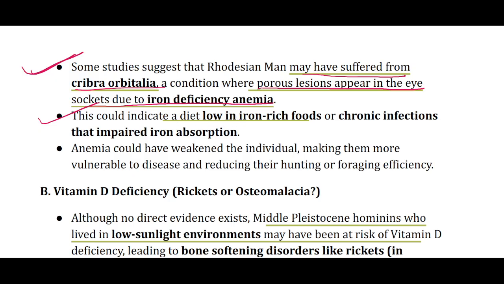This could indicate a diet low in iron-rich food or chronic infection that impaired iron absorption. This anemia could have weakened the individual, making them more vulnerable to disease.